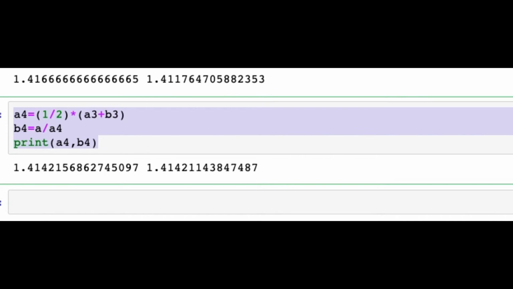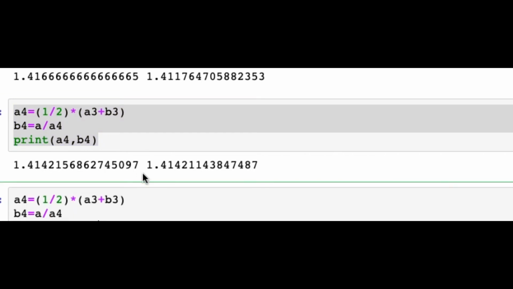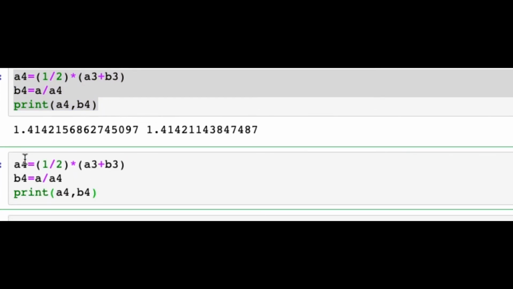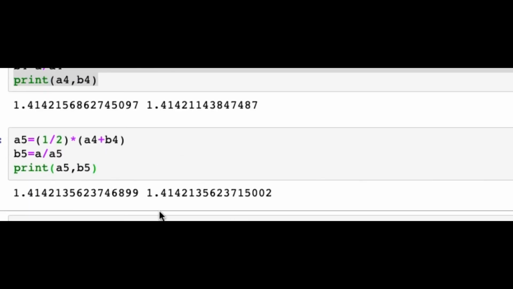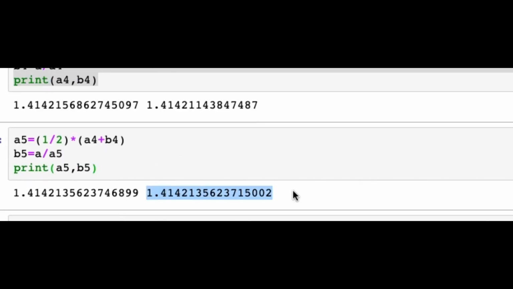Let's go again. We just did A4. Now let's do A5, B5. Print out the results. Okay, that looks like the answer there. In fact, that is the answer here.